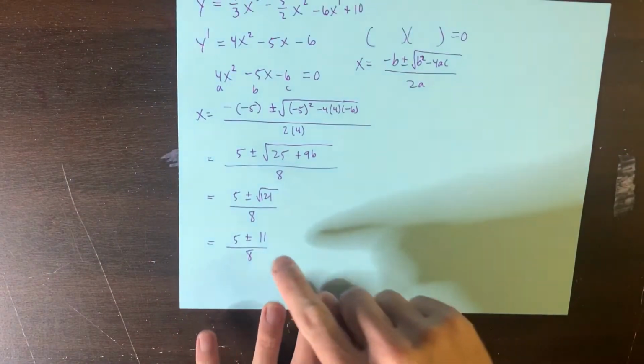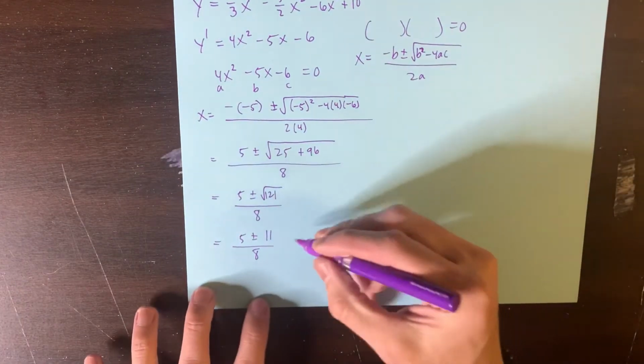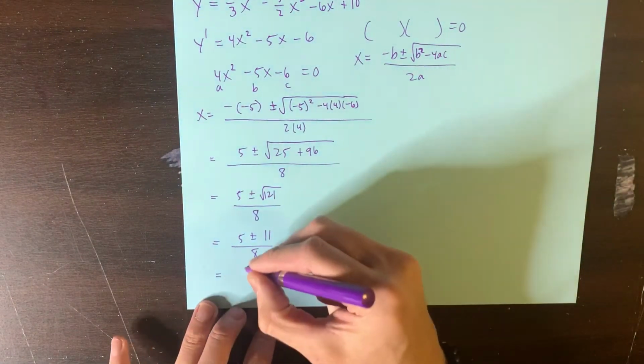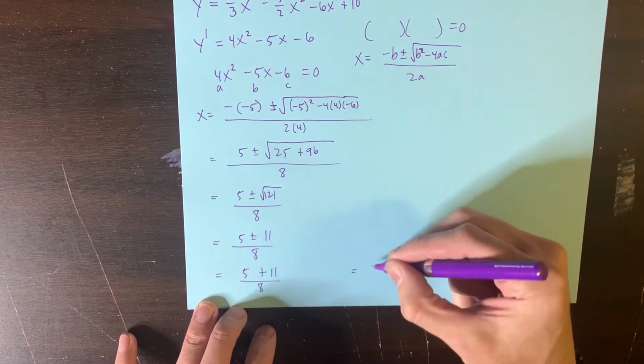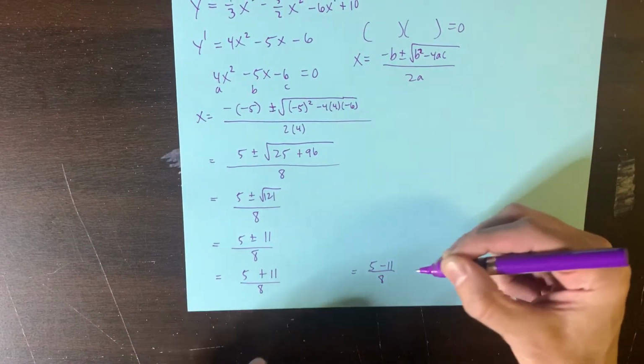So this creates two different answers because I have a plus and minus. So what I'll do is I'll branch this out into two setups. I'll have 5 plus 11 and then 5 minus 11 over 8. And I can solve each of these expressions.